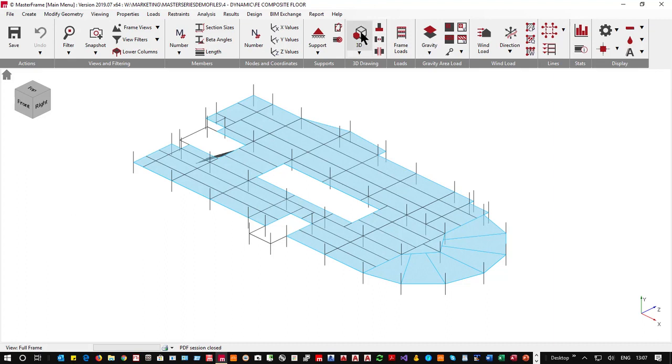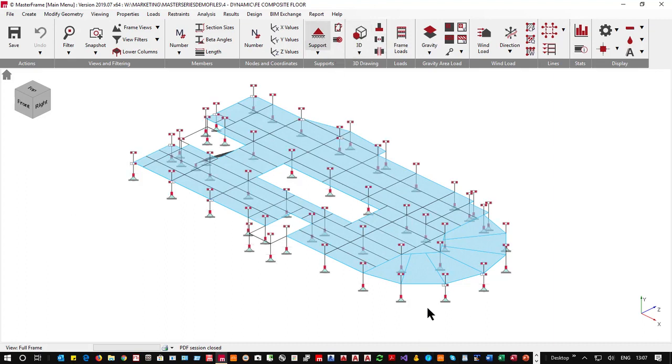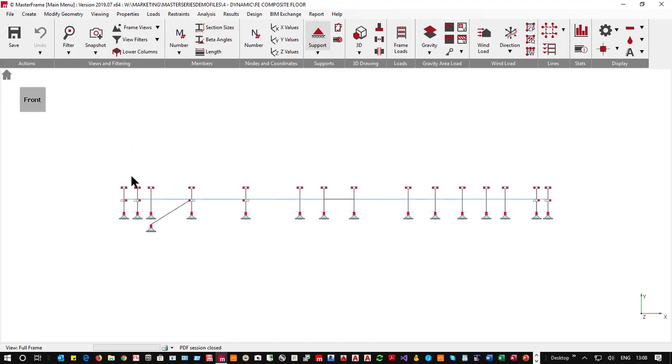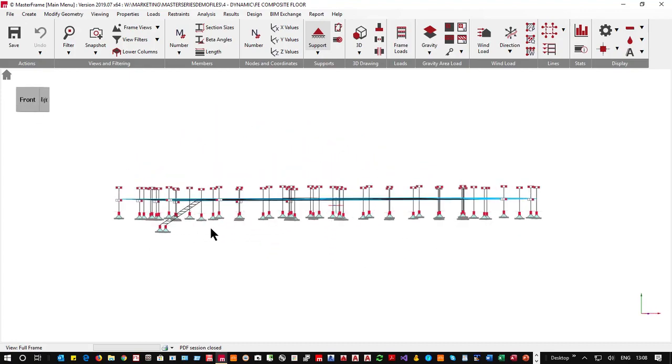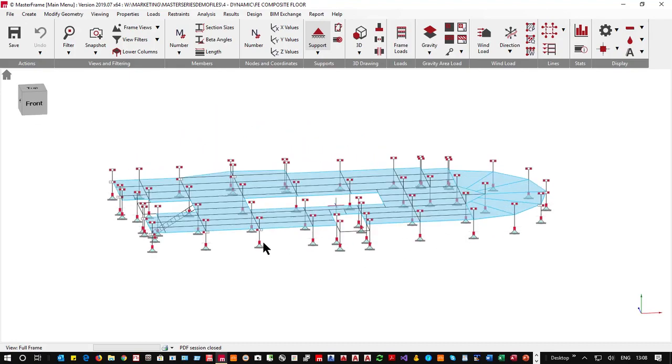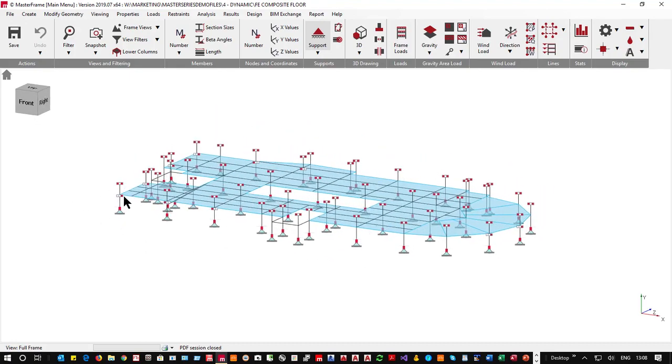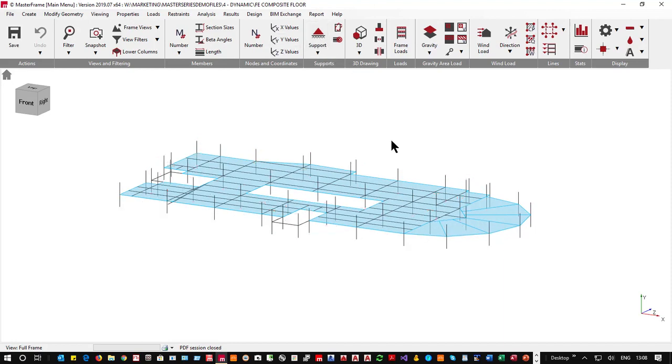If we look at the supports, we will see that we've got pins in the bottom, but obviously at the top we've got them only restrained horizontally, so that they can go up and down if they need to move a wee bit with the vibration. At the floor level that we're considering, we've only put a couple of lateral restraints to simulate where we'd have bracing systems, shear walls or whatever on the structure. Again, very, very straightforward and simple.